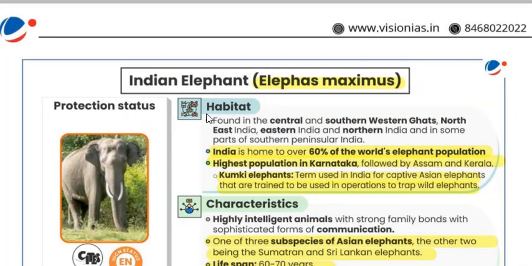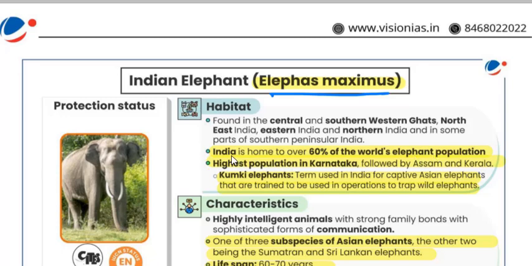Next is the Indian elephant. What is its name? That is Elephas maximus. Protection status, habitat, everything is given. Just take a fast look. This is found in the central and southern Western Ghats, northeastern India, eastern India, northern India, and some parts of southern peninsular India. India is home to over 60% of the world's elephant population.